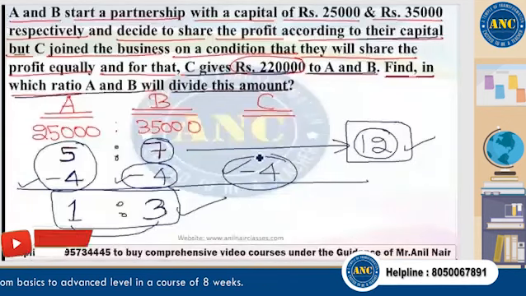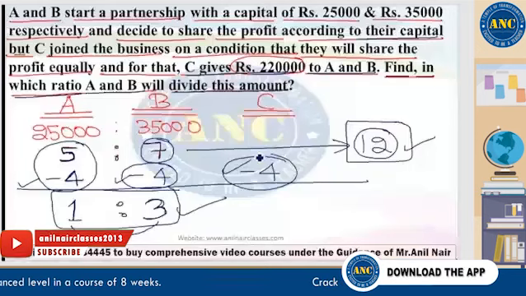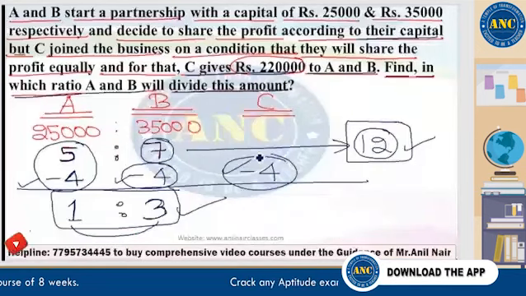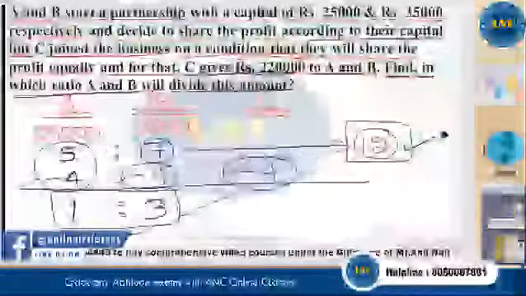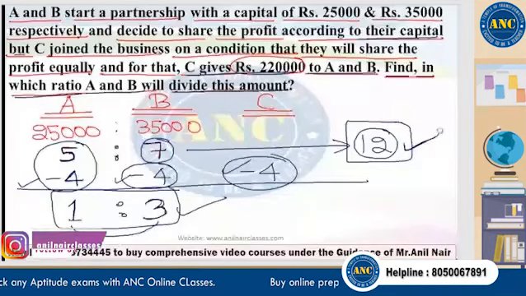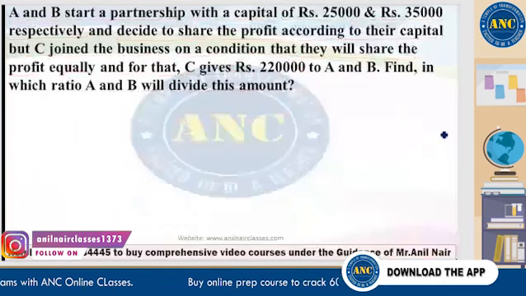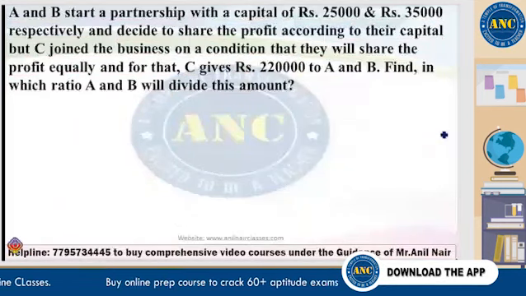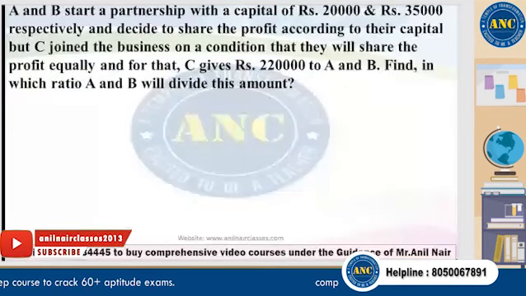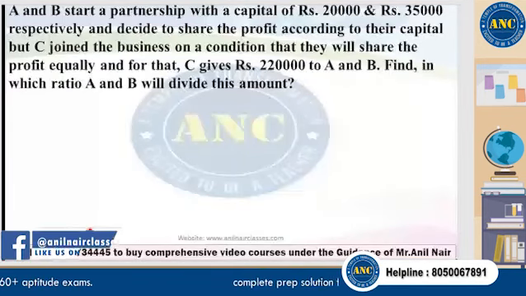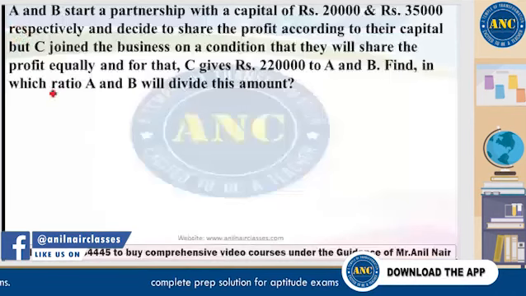What if this number is not a multiple of 3? How can I find that value? How can I solve it? That is the reason my next question is there. And I am very, very confident that you will understand all these methodologies so beautifully if you keep watching all ANC videos.